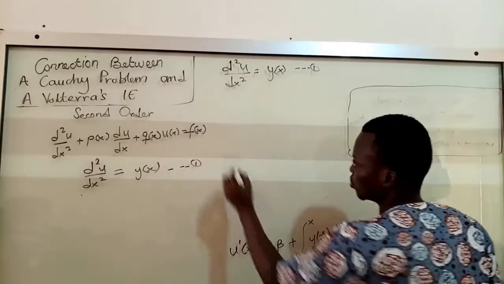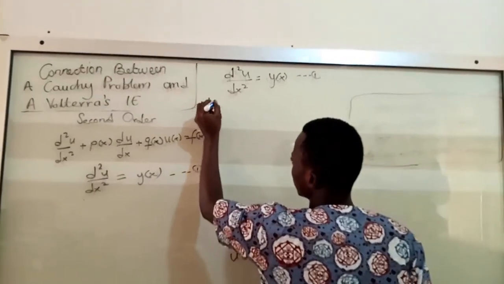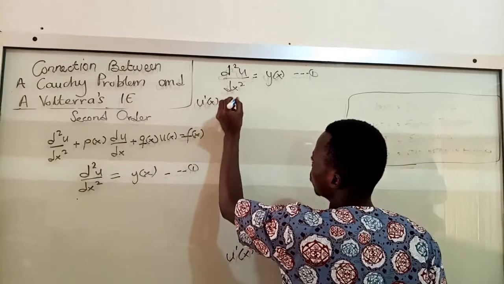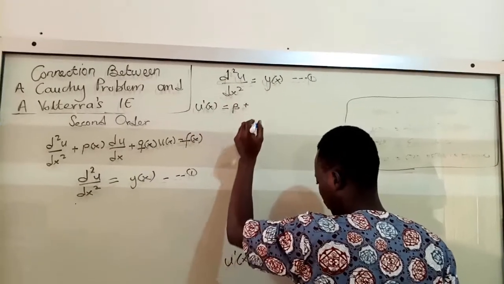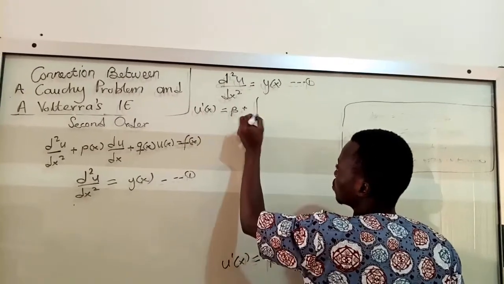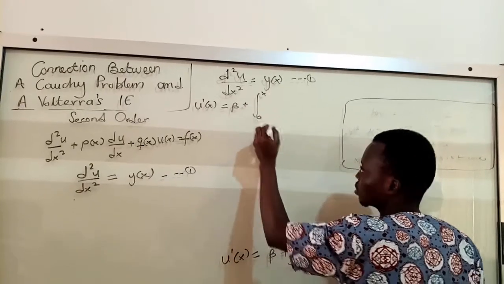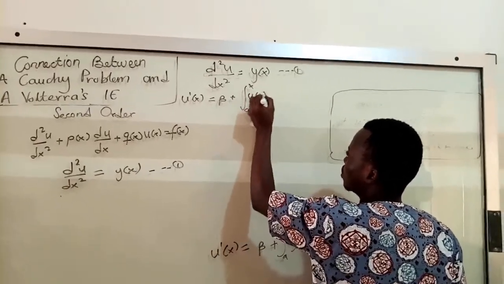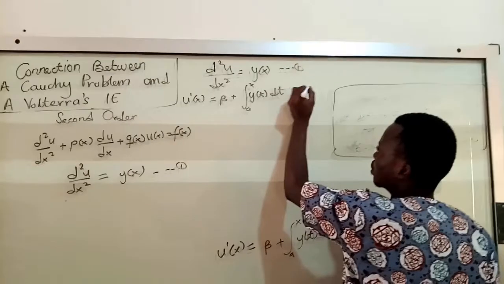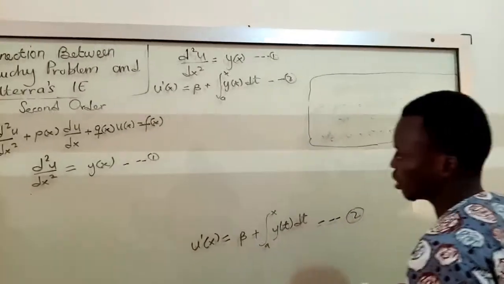And the second equation is u prime of s equal to beta plus the integral from a to s of y of t dt, as our equation 2. Let's write our equations first.